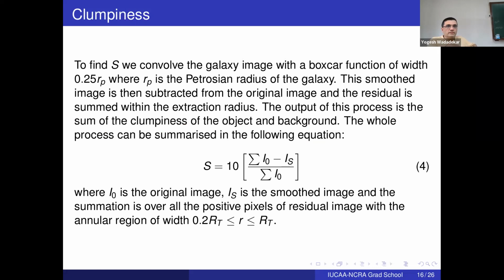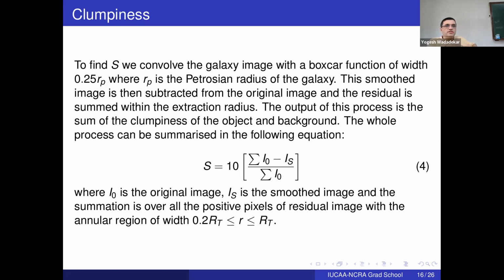Then clumpiness. Okay. And they take the S from the last letter or second last letter of this. So that gives us the CAS parameters. So CAS parameters are concentration, asymmetry, and clumpiness. To find the clumpiness S, we convolve the galaxy image with a boxcar function of width 0.5 Petrosian radii. This smoothed image is then subtracted from the original image, and the residual is summed within the extraction radius.